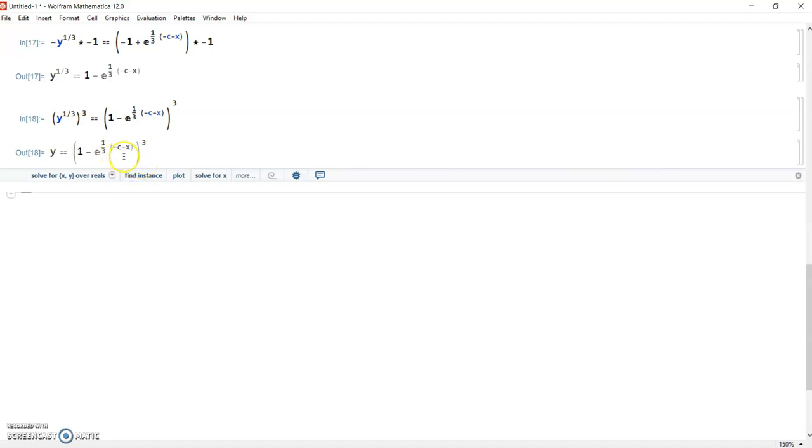Since over here it is minus c minus x, we can take out this minus c, so it will be minus 1 by 3, which is obvious from here. And then e power c can be taken out. Okay, so that was this question.